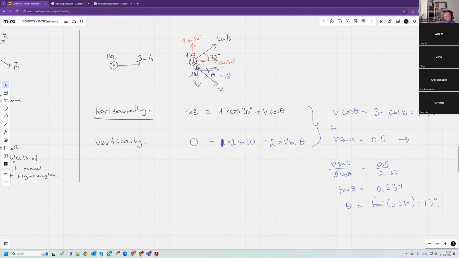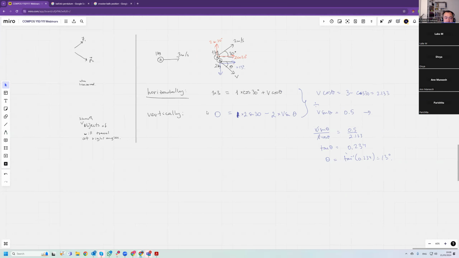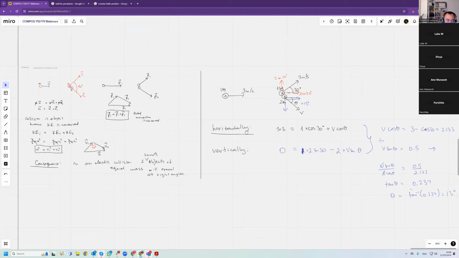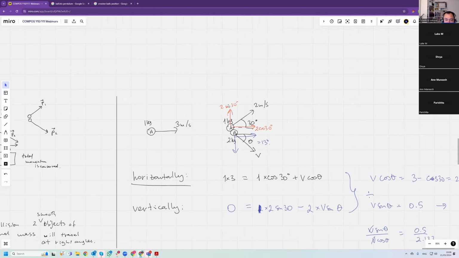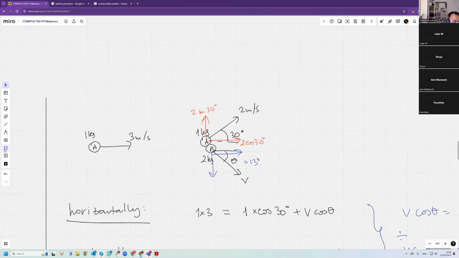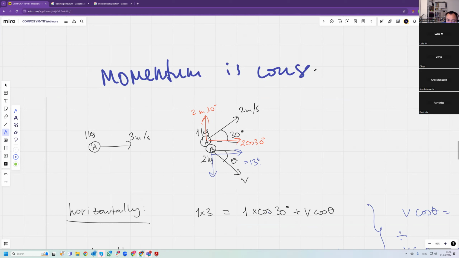You do the horizontal, then you do the vertical. Momentum has to be conserved in any direction. Let me write this down in big letters. Momentum is conserved in any direction.